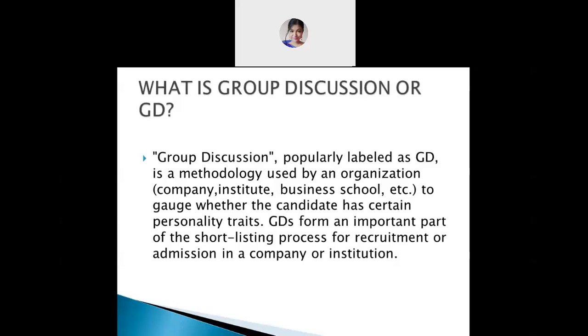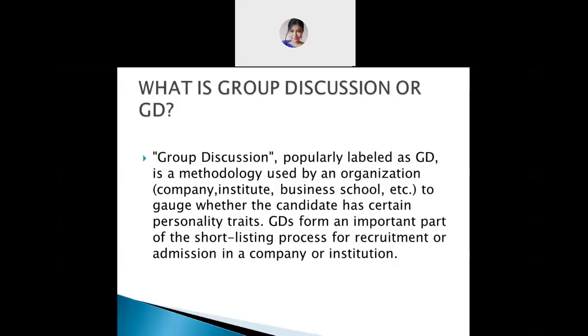If you go for higher studies, if you want to do masters and after that PhD, if you go to any university or institute, you might have to sit for a group discussion.